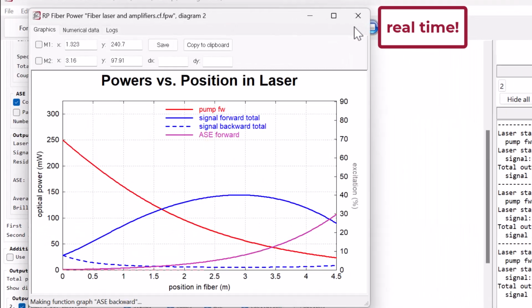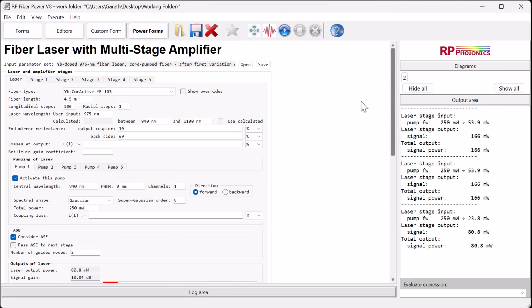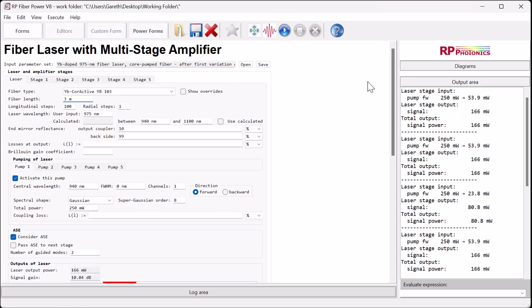In the powers versus position diagram, we observe more pump absorption. But after 3 meters, this is not enough to maintain more than 50% excitation. This results in a strong signal reabsorption, causing ASE to become dominant and resulting in less signal power than before. However, at 3 meters, we still have a functioning laser system.